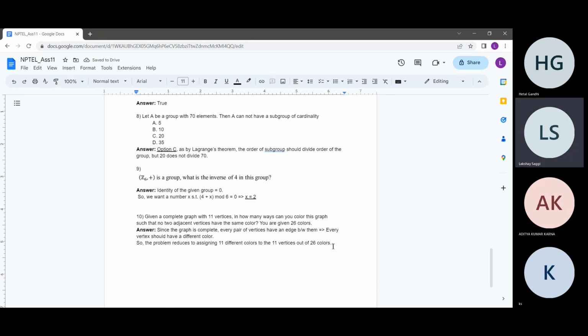So how can we approach this? First of all, we are starting with an uncolored graph. The first vertex will have 26 choices for the color, because no vertex has been colored till now.